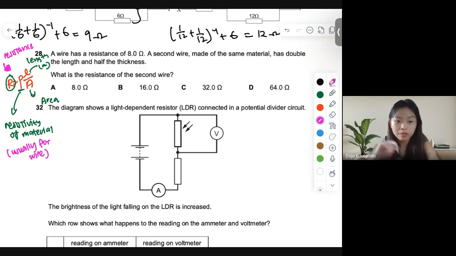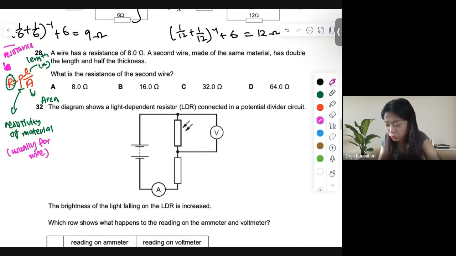For those of you that haven't written down whatever I wrote over here, I suggest you write it down first because I'm going to erase it and do the working for question 28.